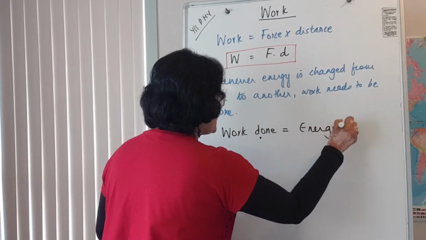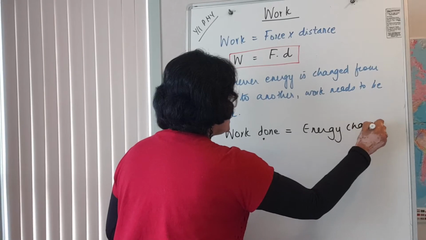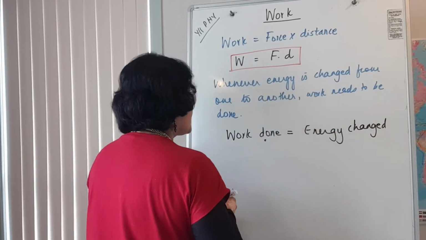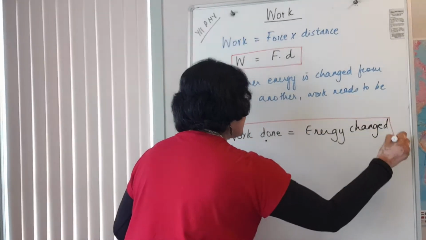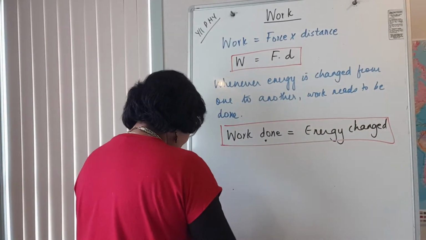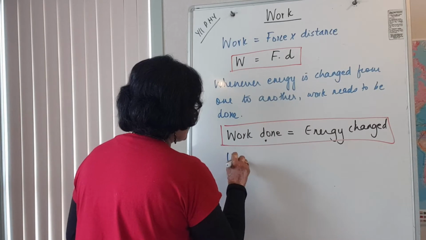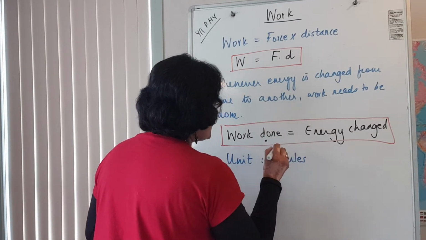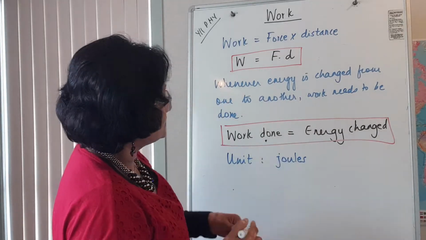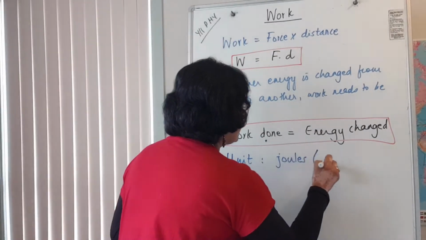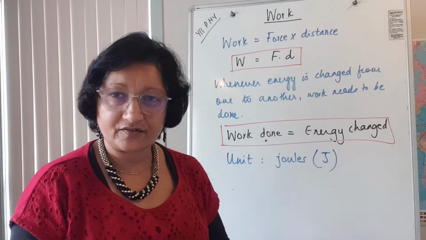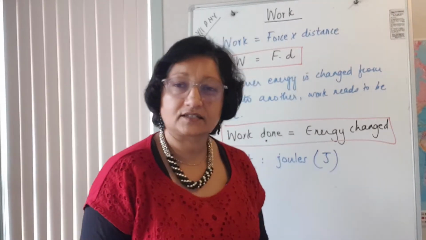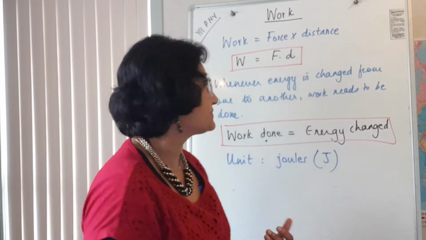The numbers are the same. You don't have to calculate again. That's the most important thing. And also that the unit of work is the joule, same as the unit of energy, and the symbol is J. All right, so that's the content, and let's look at solving some problems on work.